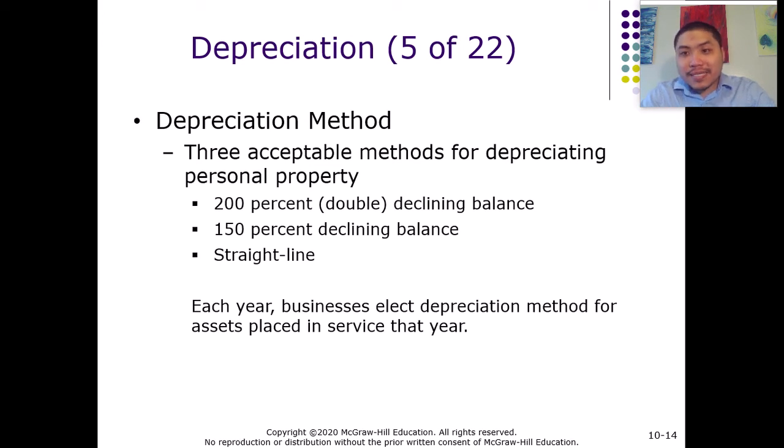And then in 2019, somehow they changed their mind, and now they elect to switch from the default method to, say, the straight line method, right? So in 2019, they're going to use the straight line depreciation method for all the assets that are placed into service in 2019, right? So each year, the businesses have the option to select or change the depreciation method for their personal properties that are placed into service in that particular year. All right.